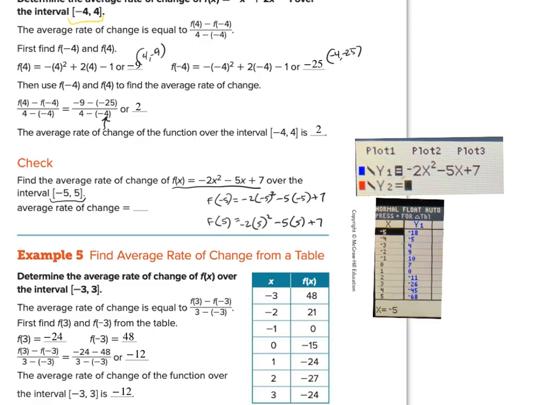So I can simply take negative 68 minus negative 18 over 5 minus negative 5. And that should give me negative 68 plus 18 over 10, which is negative 50 over 10, which is an average rate of change of negative 5.